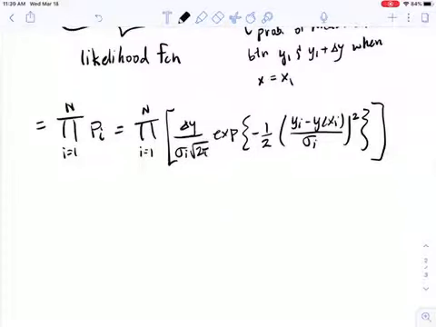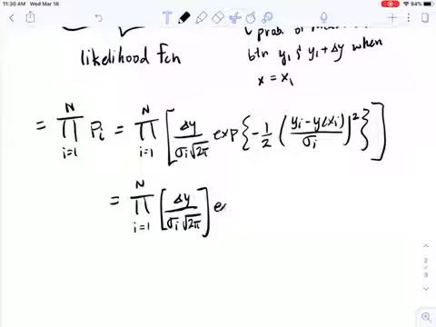All right, so we've got this product of exponentials, and we know that we can take a product of exponentials and write that as an exponential of a sum. So we have this prefactor that we're not going to do anything with. That just stays the same.